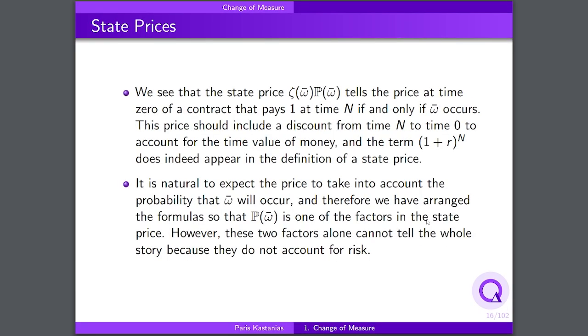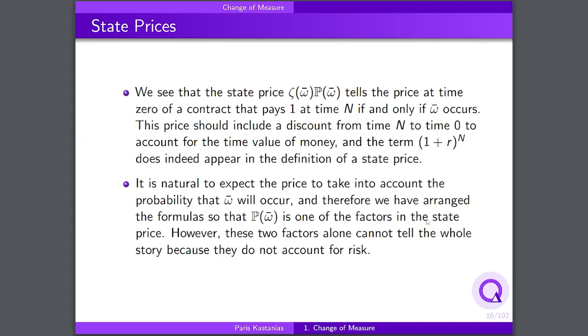Okay. So we see that the state price, zeta P, tells us the price at time 0 of a contract that pays 1 at time n if and only if omega bar occurs. This price should include a discount from time n to time 0 to account for the time value of money, and the term (1 plus r) to the power of n does indeed appear in the definition of a state price.